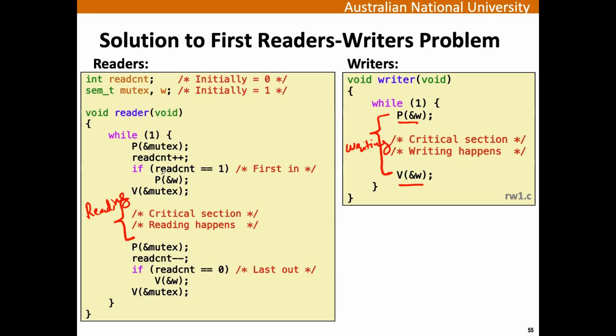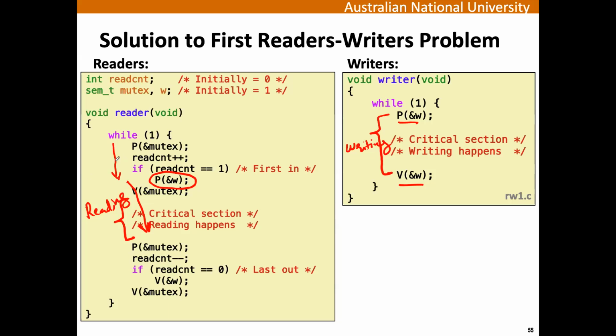The first reader locks the mutex, and any reader that comes after this reader will just read whatever they want to read. They will enter the critical section without any interference.